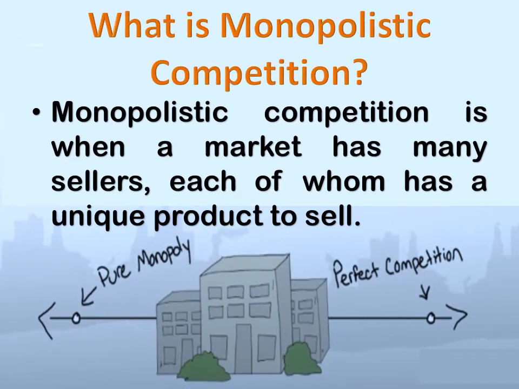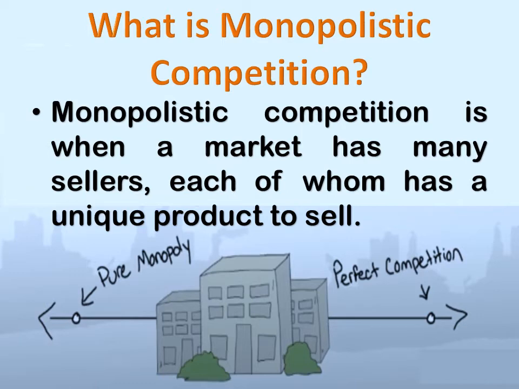What is monopolistic competition? Monopolistic competition is an industry somewhere on the continuum between a pure monopoly, where a single firm holds all market power, and perfect competition, where many firms exist and each is a perfect substitute for the other.